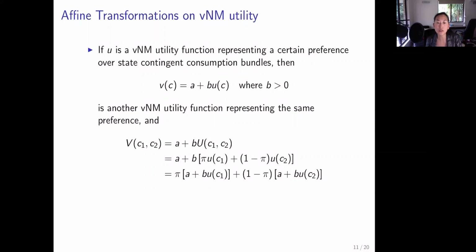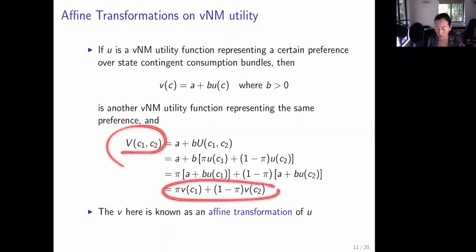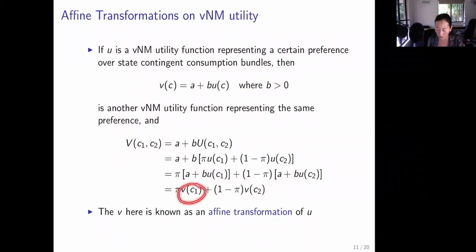It's just to show you that when we use this affine transformation, then V(C1, C2) is also equal to A plus B times U(C1, C2), where U here is the expected utility, which could be detailed like this, and then you can see that this one would also equal that, where V(C1, C2) would equal this, and so on.